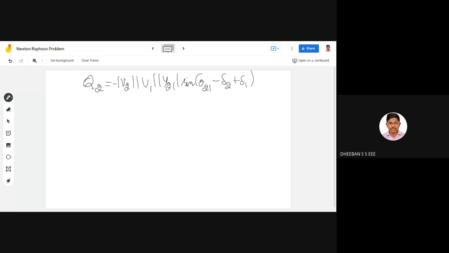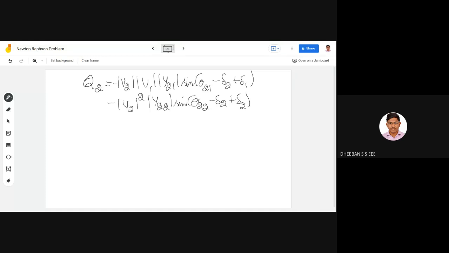Okay, after this it is minus V2 square into Y22 followed by sine of theta 22 minus del 2 plus del 2. Okay, so the main difference from the real power with respect to the reactive power is that your cosine term just gets converted to your sine term.